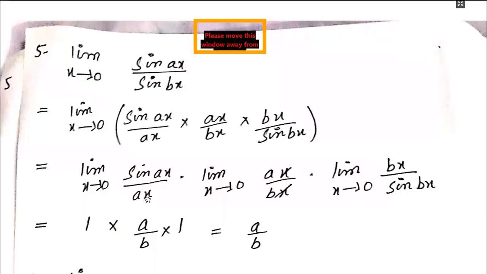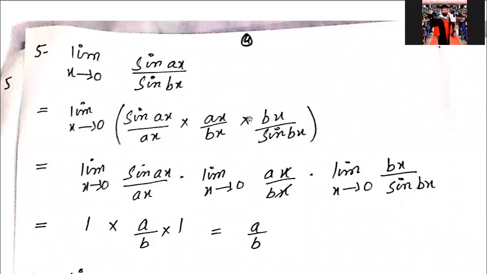Now sin ax upon x here, and this ax upon bx, the x's cancel, and because of the multiplication rule of limits, if we have n functions in multiplication, then the limit applies on each term: first term into second term into third term into n-th term. That's why here, limit applies on this function and this function.